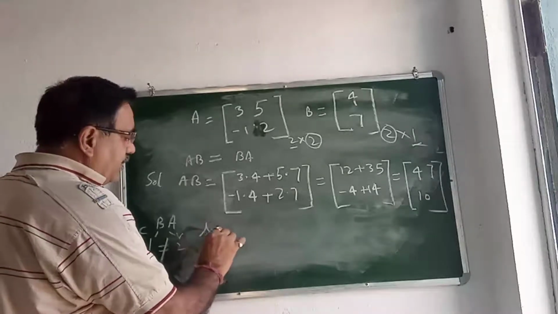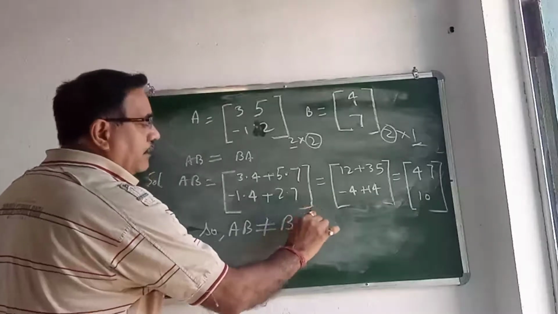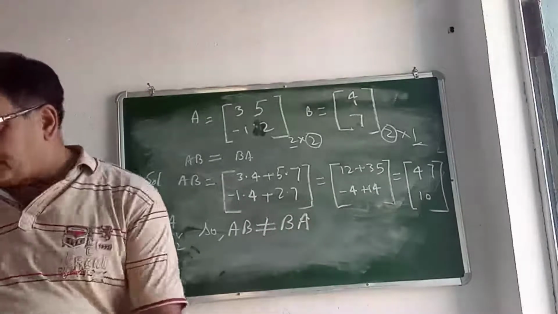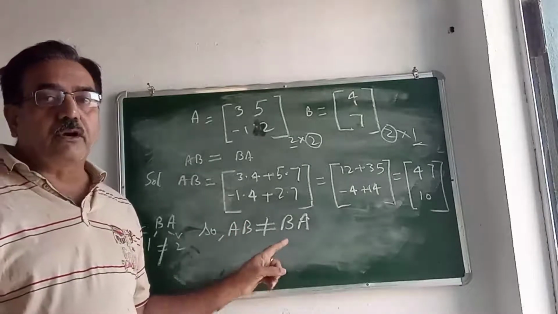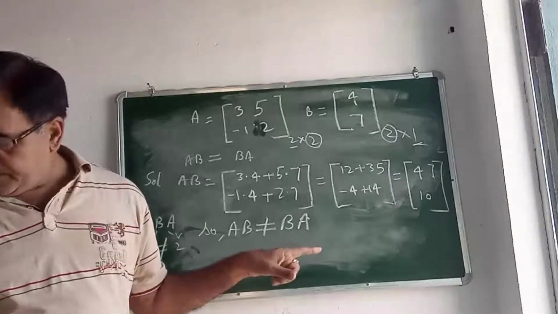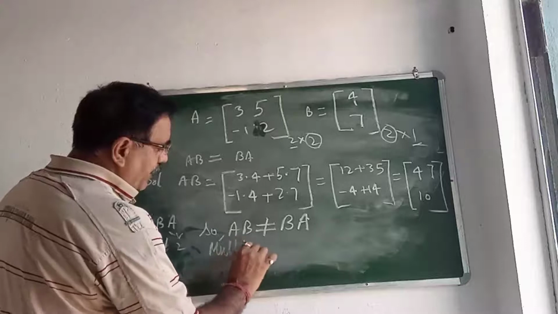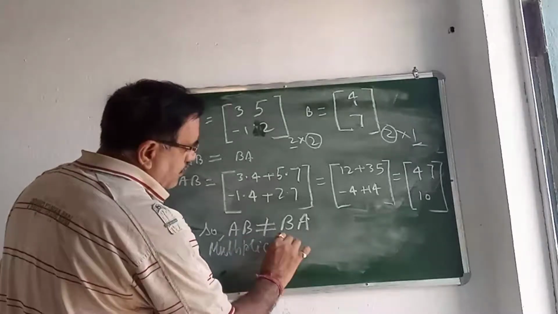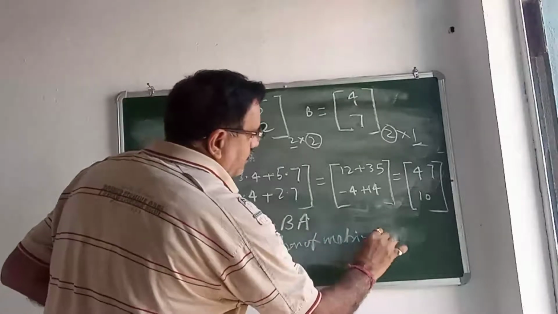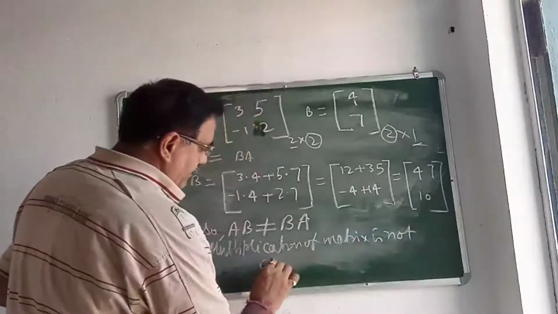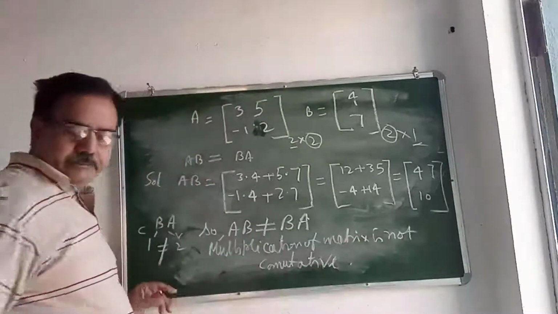So we can say that AB is not equal to BA. What do we conclude? Multiplication of matrices is not commutative.